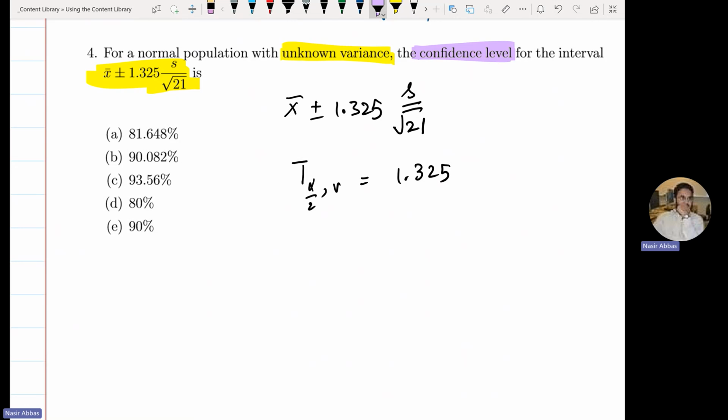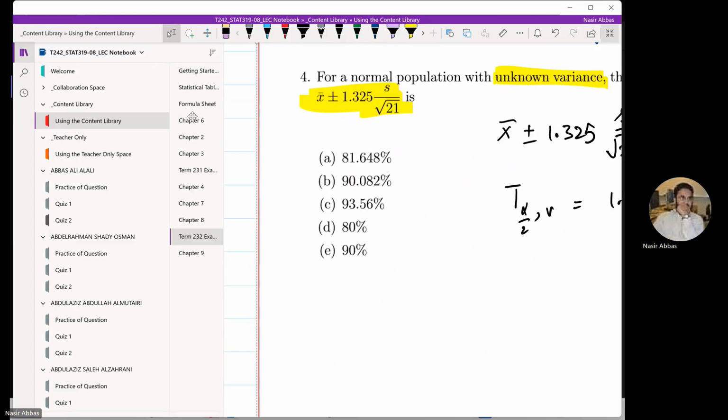Now, to go to the t table, you need v. What is v for t distribution? N minus 1, which is 20. Go to the t distribution with 20 degrees of freedom and see what is the value of alpha by 2 against 1.325. So let me go to the t distribution.